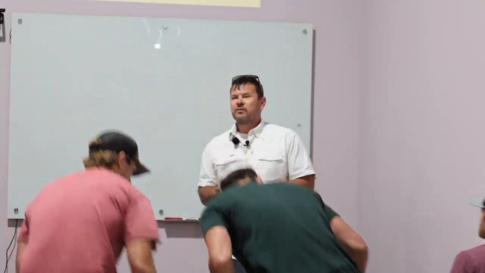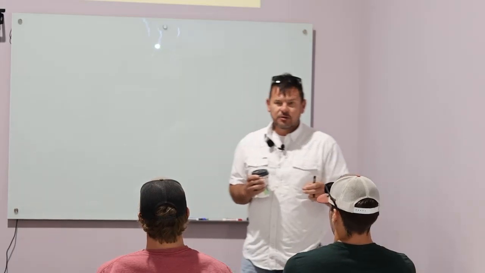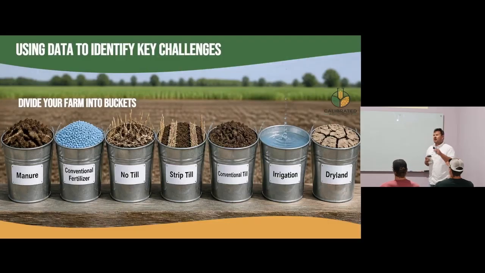For my farm, we've got some manure, some conventional till, some strip till. I will put my farm into buckets, and that's where I'm going to go sample. Whether I'm looking at a biological soil test, a rapid soil test, or a sap, I start with the buckets and hyper-focus those to see the differences in our management systems.